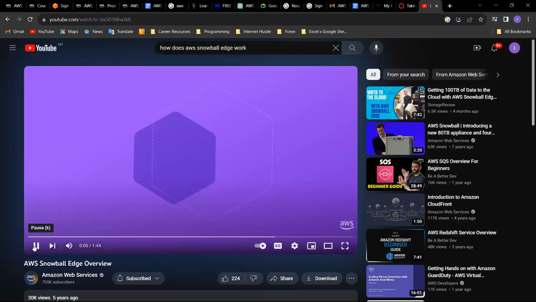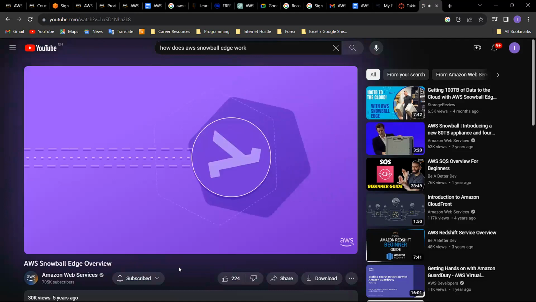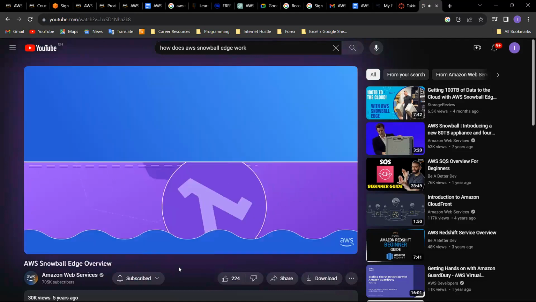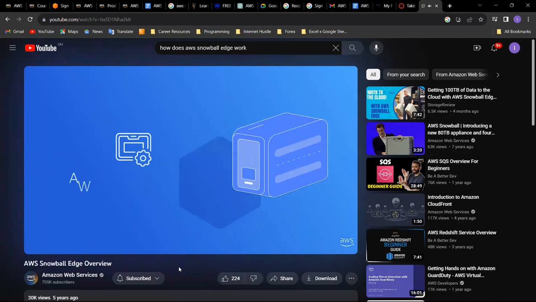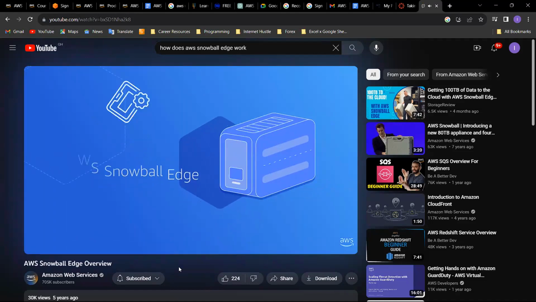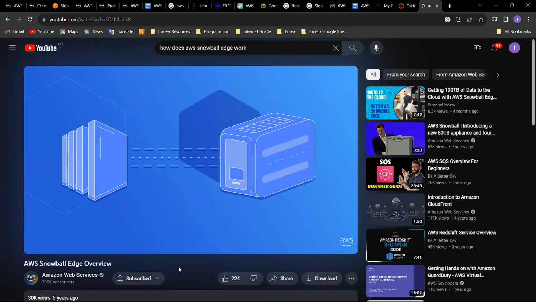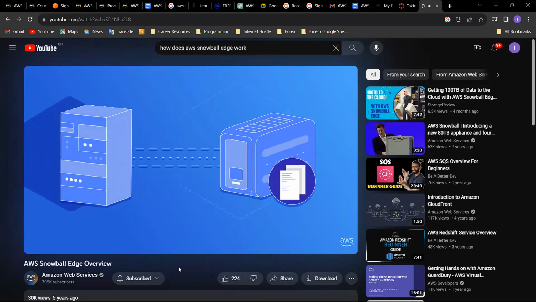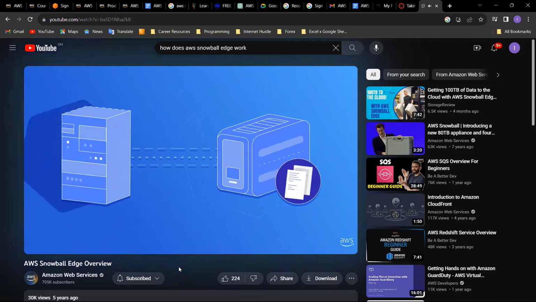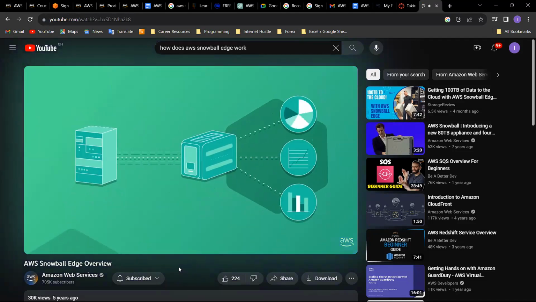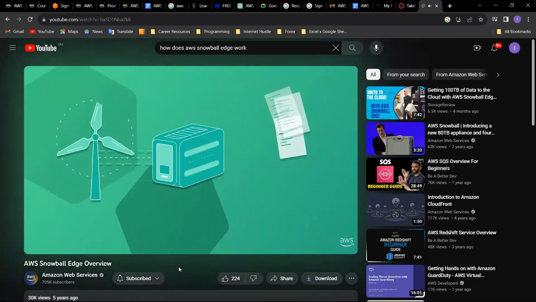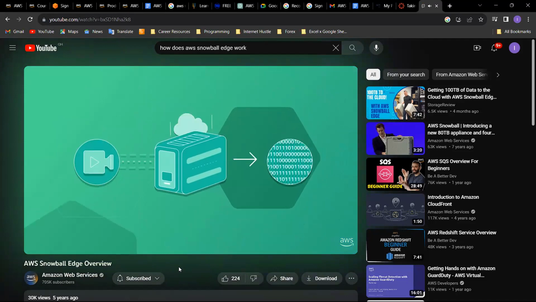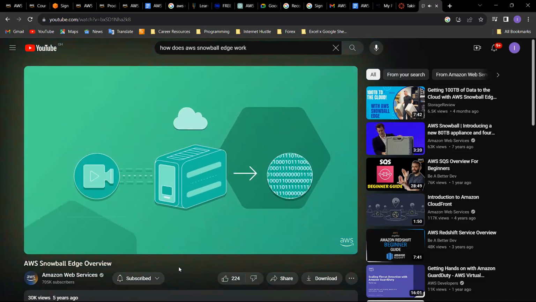Sometimes you need to do more than just transfer data, like analyze it, or run a custom app in a remote location, even on a truck or on a ship. That's what Snowball Edge can do. With embedded computing power and support for EC2 AMIs and AWS Lambda, you can run virtualized applications at the edge as you would in the cloud, like running analytics or machine learning at the data collection point, pre-processing IoT sensor or log data, or transcoding media streams without having to get it to the cloud to process it.